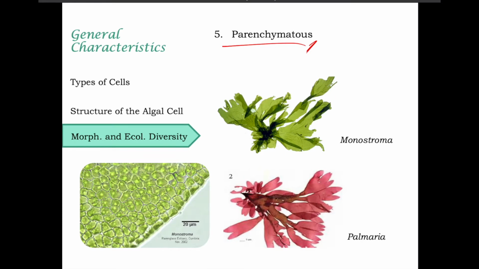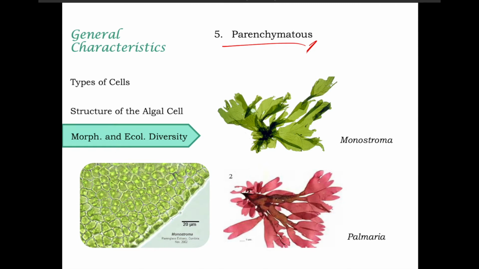Although they are macroscopic in size, they're just a lump of undifferentiated cells, and their division is usually in a 3D manner. Their division, as you can see here, looks like a lump.